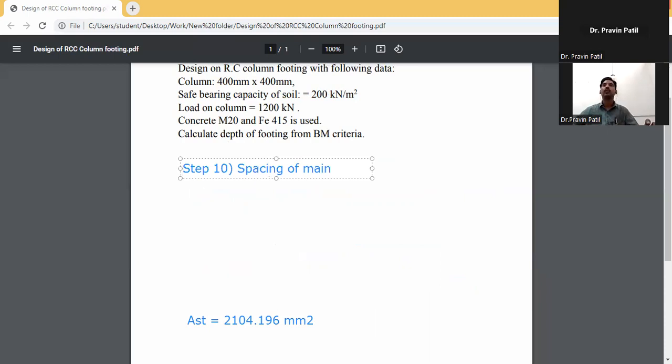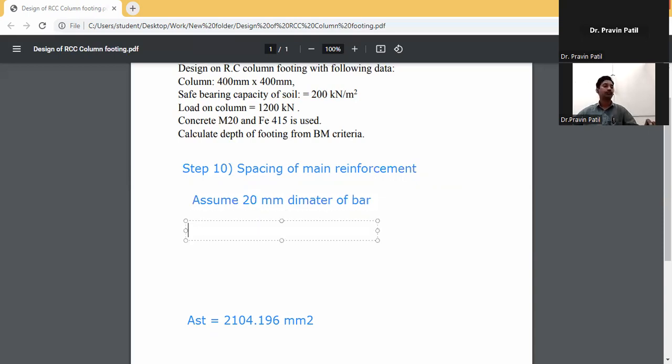So first of all, assume 20 mm diameter of bar.